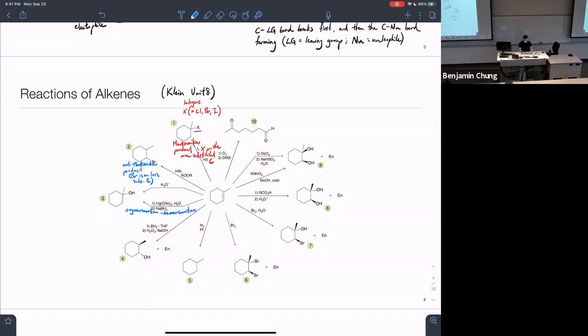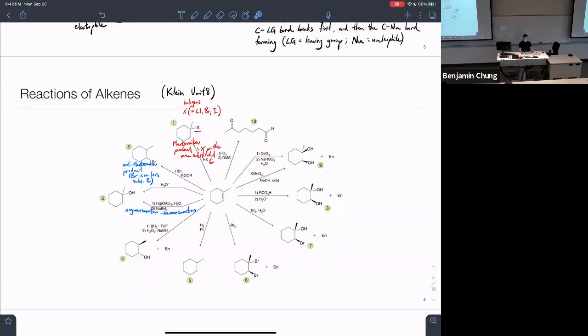It's very important that you show them occurring stepwise. Step 1 is mercuric acetate and water. Step 2 is sodium borohydride. Because you end up forming this 3-membered intermediate with the mercury, which then needs to be reacted with sodium borohydride to give you the final alcohol product.